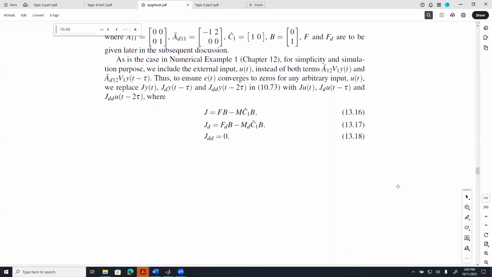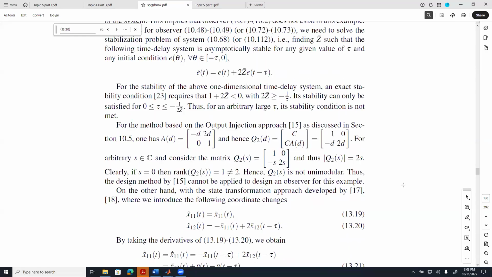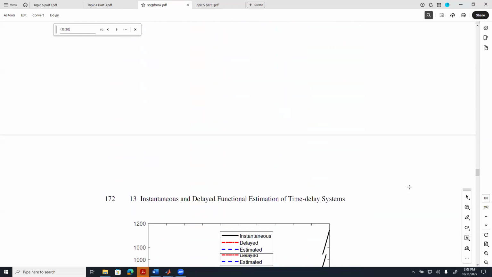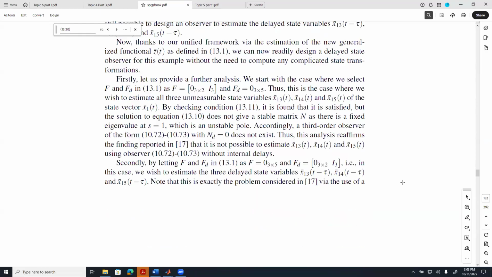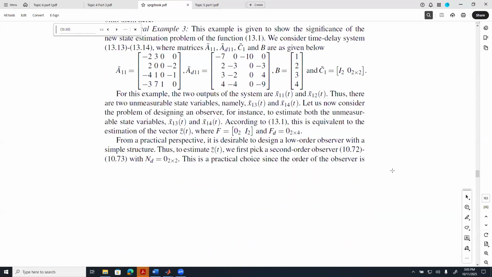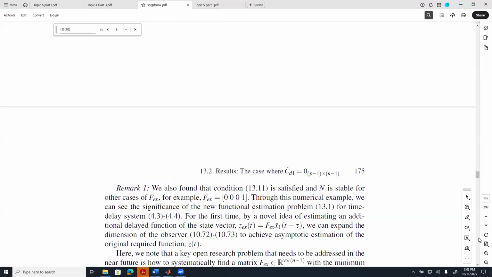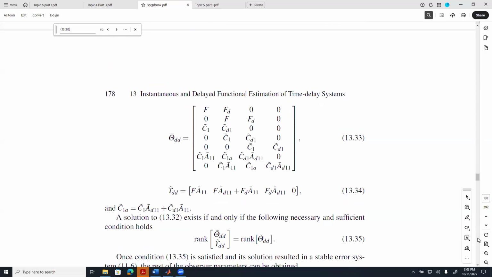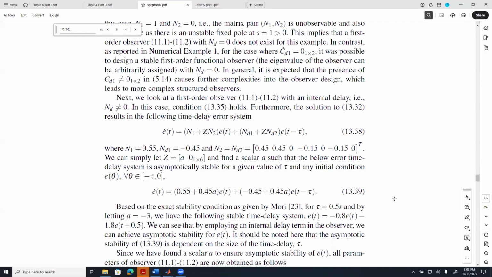Remember that? At that time, we could place it anywhere we like. So the convergence of the asymptotic estimation of the unknown input for this problem is actually slower than the other case.